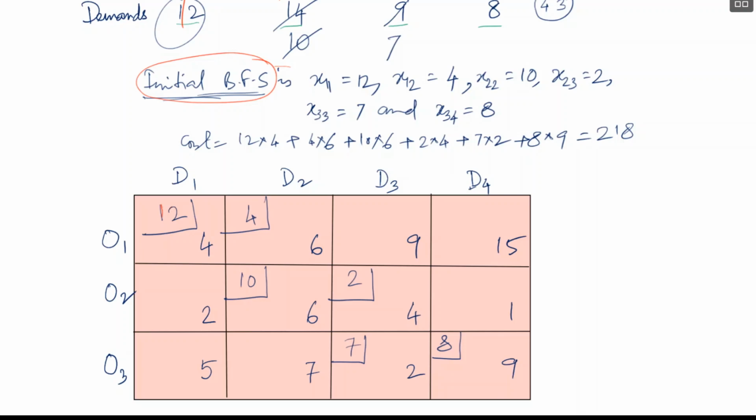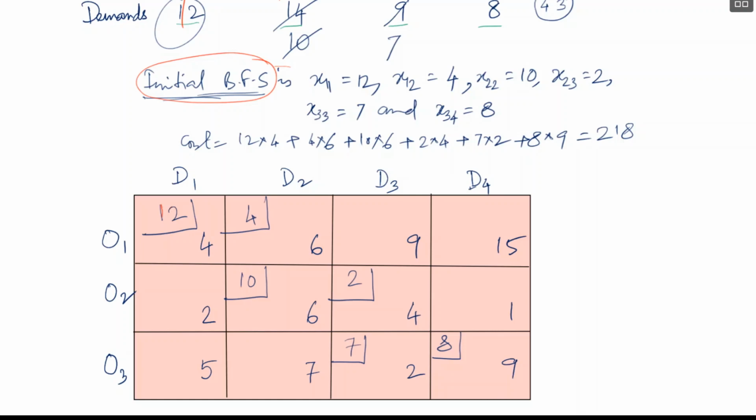Also we have to note that the total number of variables which are at non-zero value at the initial BFS is 1, 2, 3, 4, 5, 6, and here m equals to 3, that is the number of origins, and n equals to 4, that is the number of destinations.